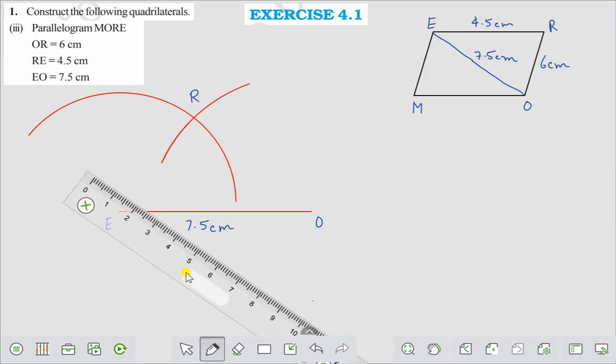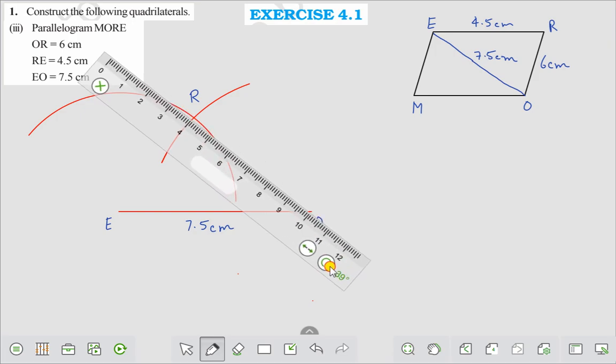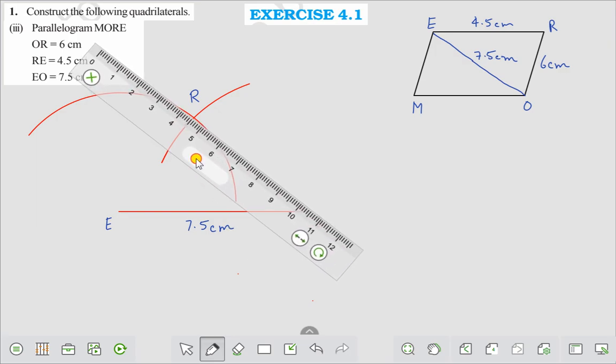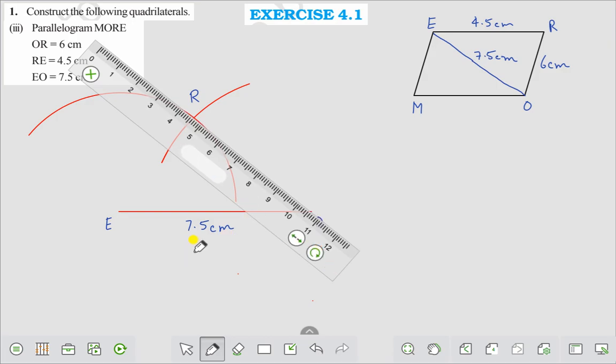Let us join this one. Let us join RO. RO is 6 centimeter.